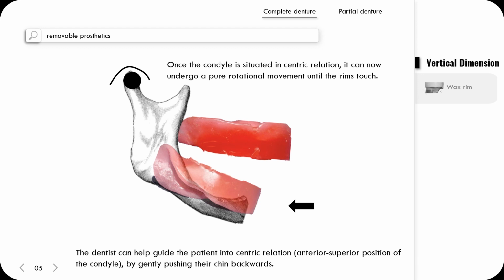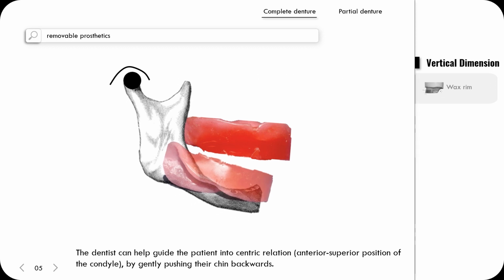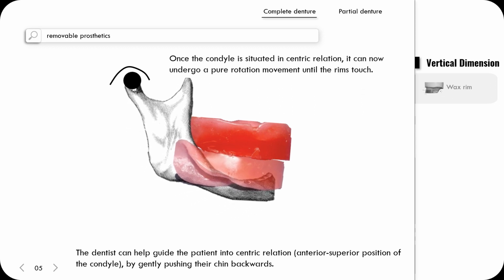So once the condyle is seated in centric relation, then it can just undergo a pure rotational movement until the rims come together. Okay.